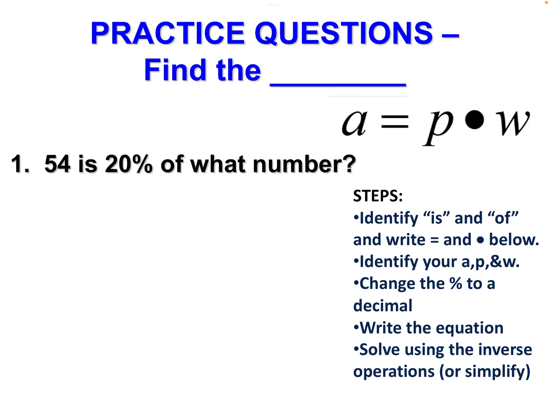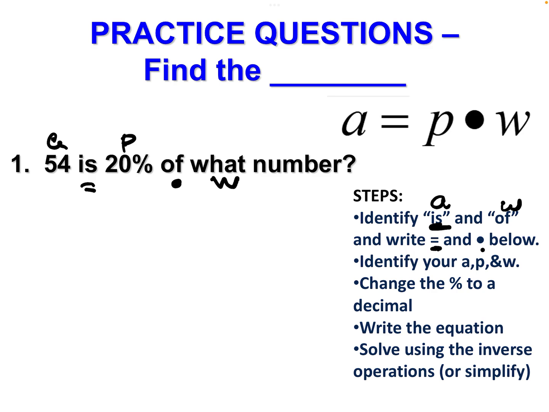Let's look at example number 1. 54 is 20% of what number? Okay. Identify the is, remember that's the A, and the of, that's the W. Write an equal sign and a dot. All right. 54, that is going to be the A value. This is going to be my P value, because that's a percentage, of what number?